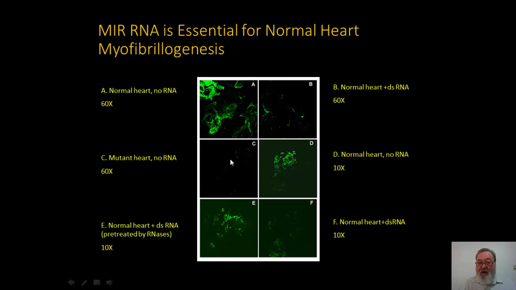Here's a mutant heart with no RNA, and what you would see. So the normal with the dsRNA, where the MIR had been basically destroyed, was fairly similar to the mutant heart with no RNA. These are simply lower magnifications and controls that confirm what I just mentioned here.